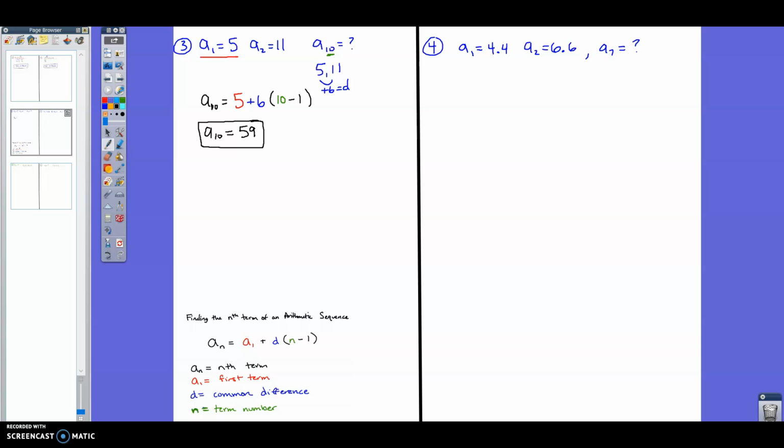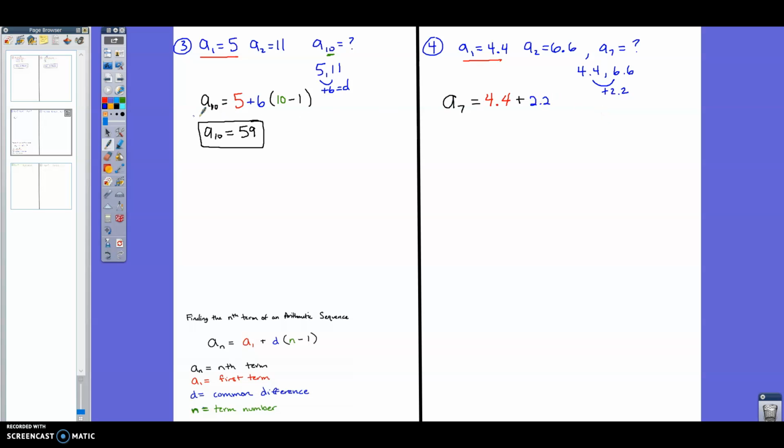Okay, number 4, we're being asked to do the same thing. This time we're being asked to find the 7th term. So again, we're going to use this same formula down here. So we're looking for the 7th term, so we have A7. And we're going to set that equal to our first term, which is 4.4, plus D. Now D is the common difference. So going from 4.4 to 6.6, we add 2.2.